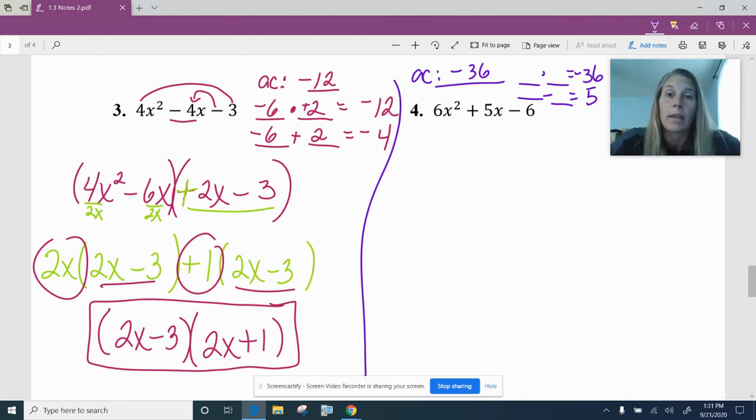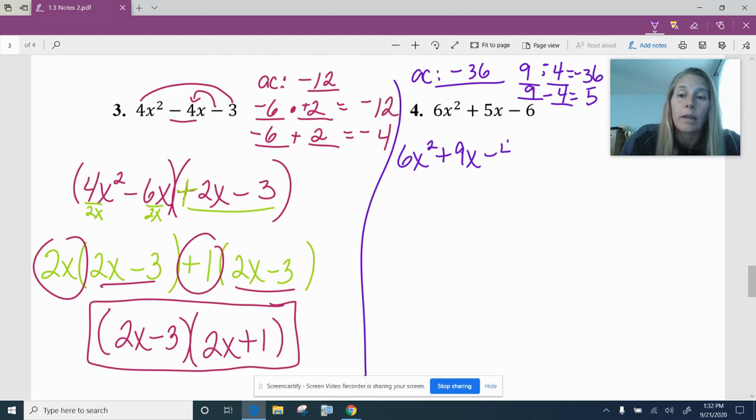So after some thinking about the different factors, hopefully you'll find out that 9 and 4 is the combination that you want to use there. So positive 9 minus 4 would give me positive 5, which is what I have in the middle. And 9 times negative 4 will give me that negative 36. So when I rewrite my problem, I'm using positive 9x and negative 4x in the middle.